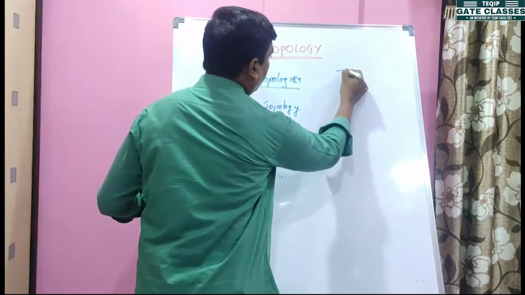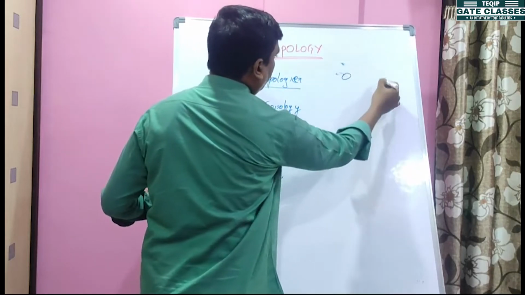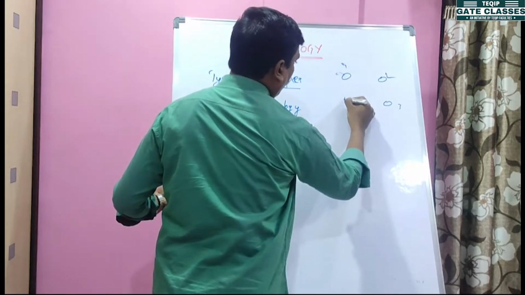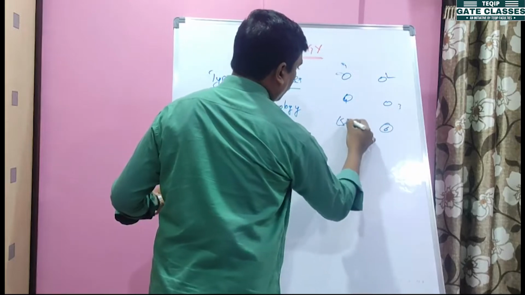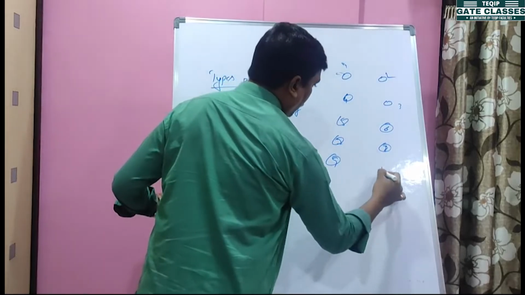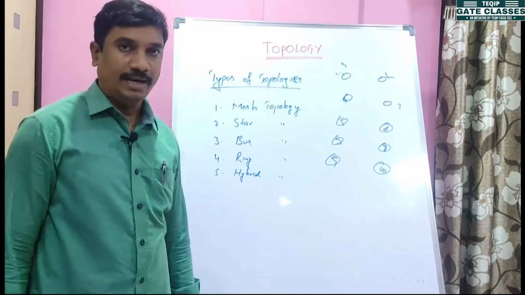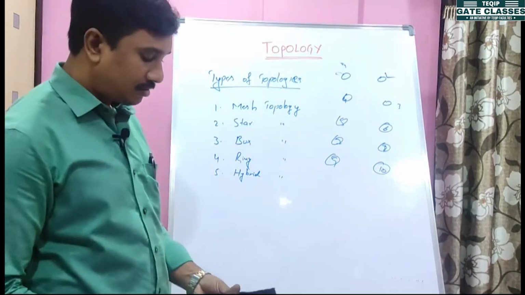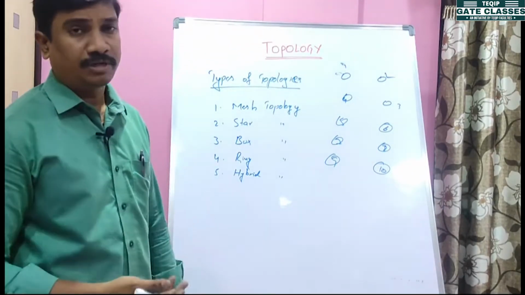Suppose I have 10 systems, system 1, system 2, 3, 4, 5, 6, 7, 8, 9 and 10. I have 10 systems or 10 workstations or 10 devices. How can I connect them? Generally, topology is the order, the arrangement of nodes.